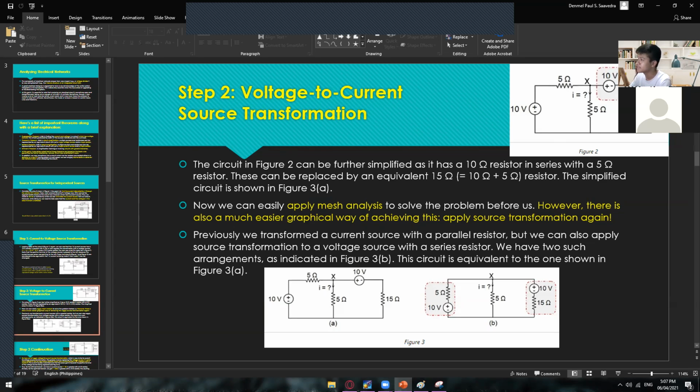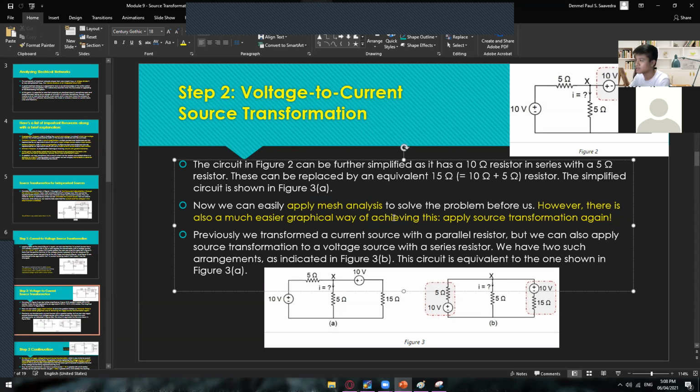We have added the 10 ohms and the 5 ohms right here, and the left side still remains. But you can simplify this into something like this, wherein we have the resistance 5 ohms and the voltage source 10 volts, and then the voltage source 10 volts on the right side, and then the 15 ohm resistance.